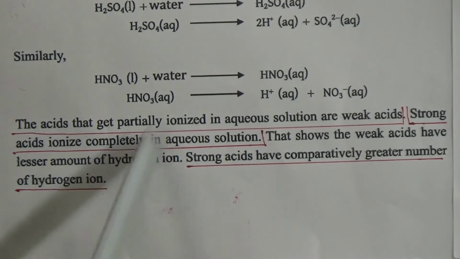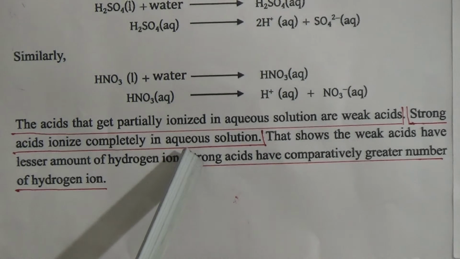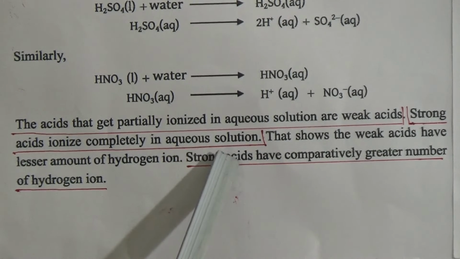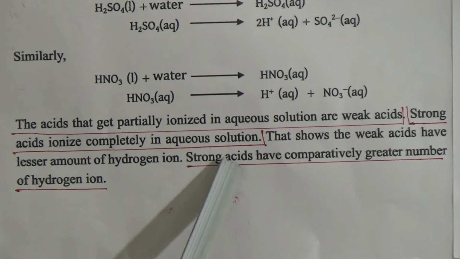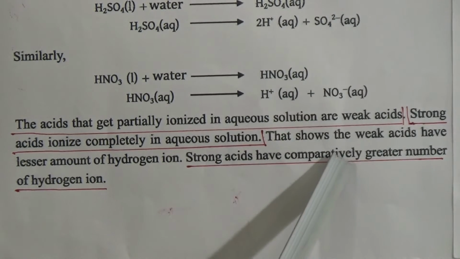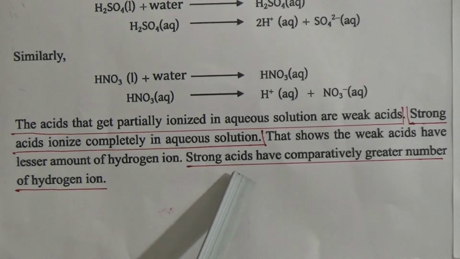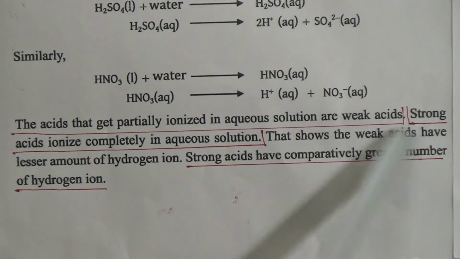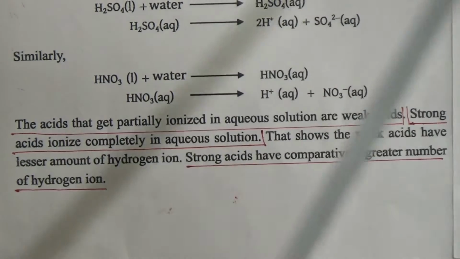That means it makes only 4 protons of hydrogen, whereas we get 100% decomposition of hydrochloric acid in aqueous solution. That's why hydrochloric and all inorganic acids are known as strong acids, and most organic acids are known as weak acids. Now come to concentrated solution.